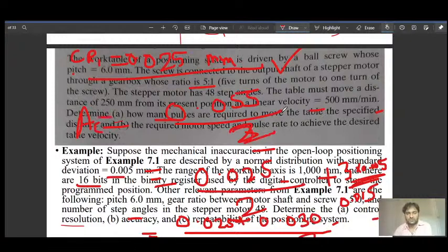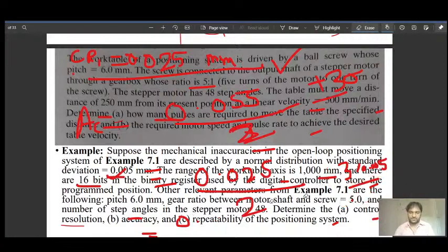And then repeatability is simply plus minus 3 sigma, that is plus minus this value, 0.015, 3 sigma repeatability. So here we have concluded the module.